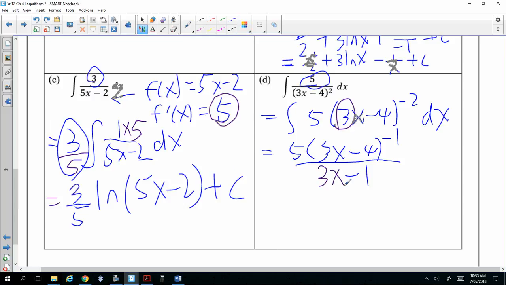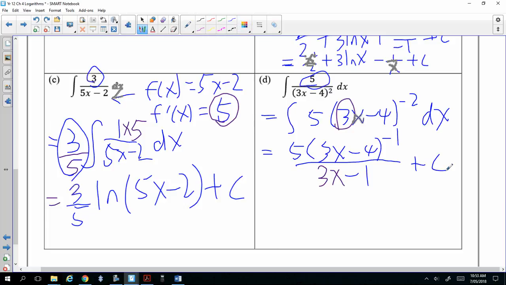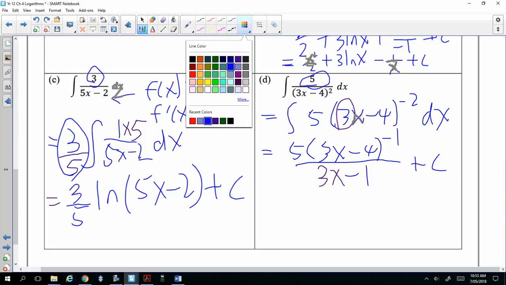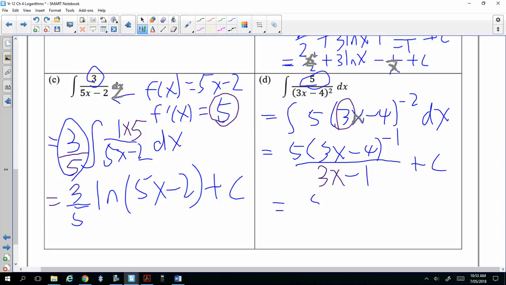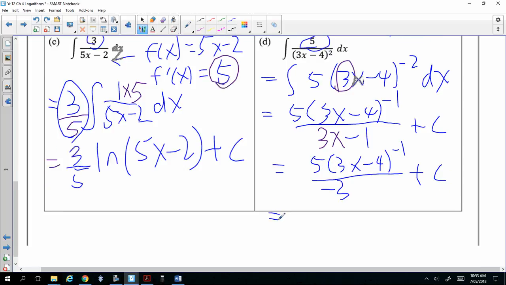So therefore you get 5 times 3x minus 4 to the power negative 1 over negative 3 plus c. And then you can write it without negative indices, so you can write that as 5 over negative 3 bracket 3x minus 4, plus c, if needed.